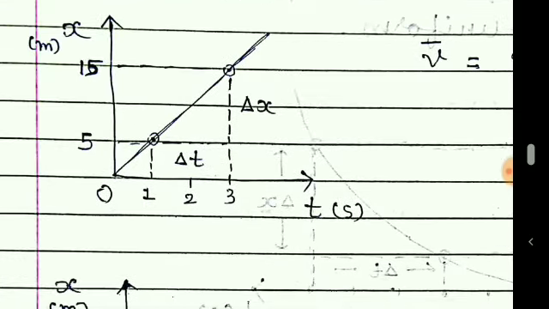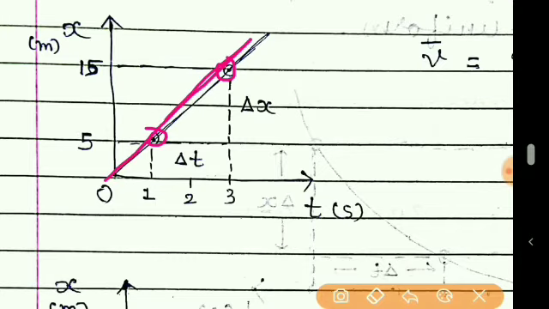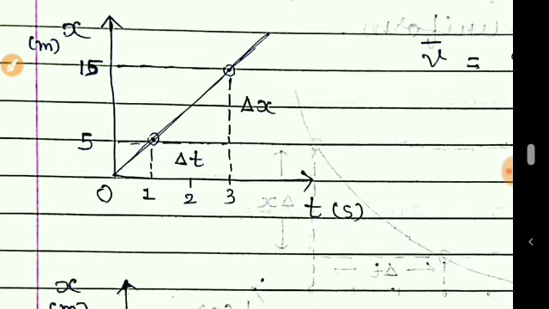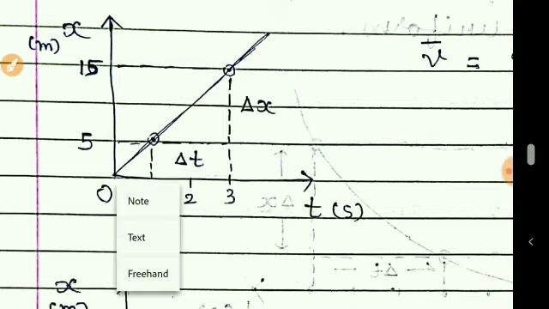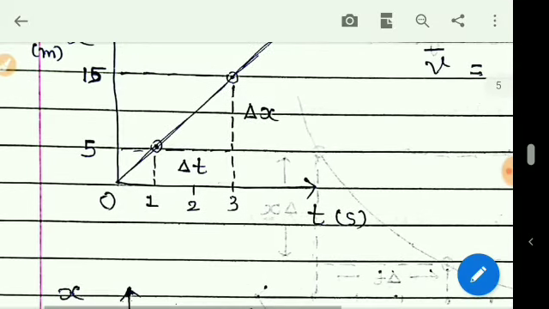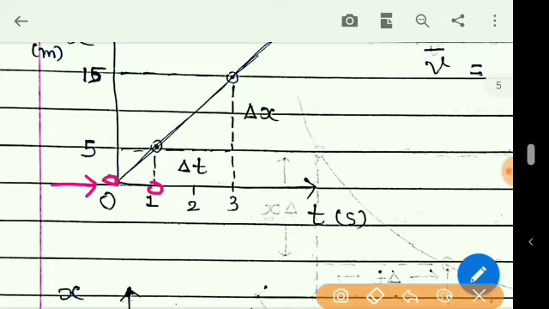Now students, you know that here we have considered these 2 points for the slope. But if you consider any 2 points of the slope, then also you will get the same result, because for a straight line the slope remains constant. For example, if we have considered the initial time as 0 second and final time as 1 second, so what is the position at 0 second?